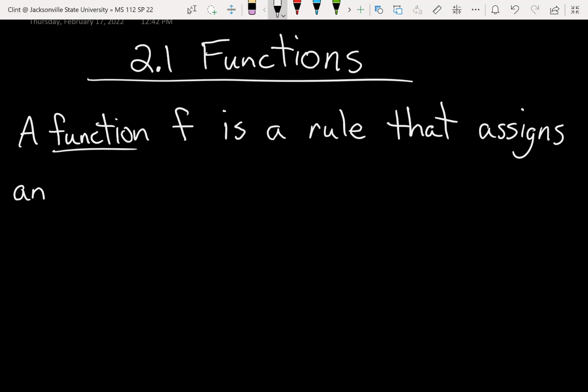So we're going to take what we're calling an element, so just a thing. Most of the time after today, when we're talking about functions, we'll be dealing with numbers, but it's not strictly dealing with numbers when we're talking about functions. So we're going to call our thing that our function is taking x.